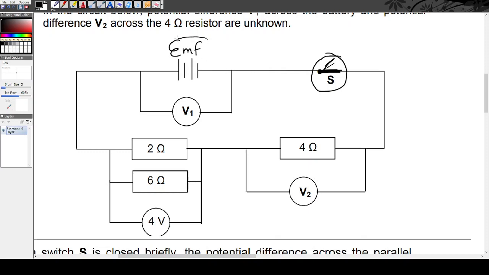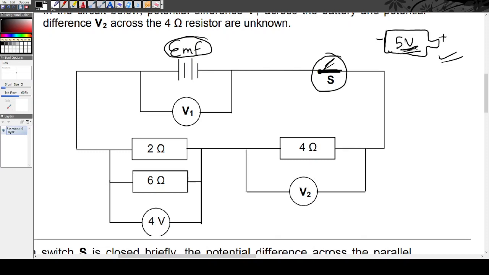So when the switch is open, there's no current flowing, so there will be an EMF, meaning a maximum amount of voltage. If you buy a battery from the shop, this is the positive terminal and the negative terminal. Sometimes it may be written 5 volts. That 5 volts is the maximum amount of voltage that this battery will supply to a circuit.